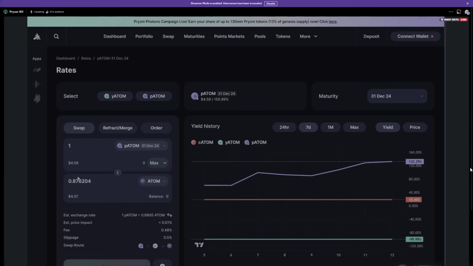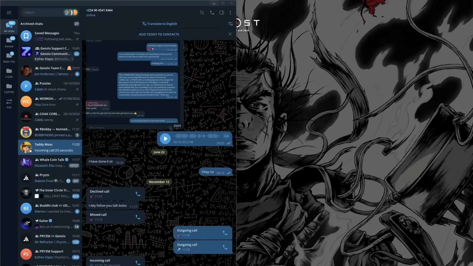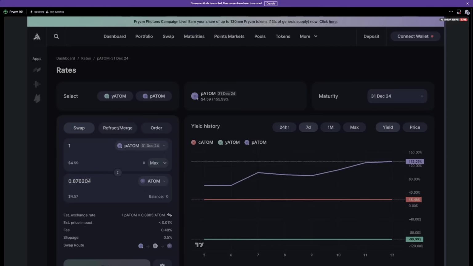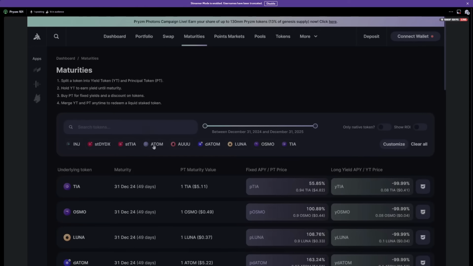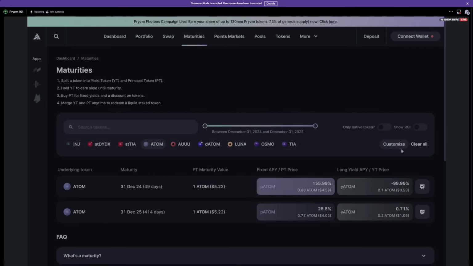You do it the other way around. So effectively, one Atom in 49 days is only going to cost you 0.87 of an Atom now.